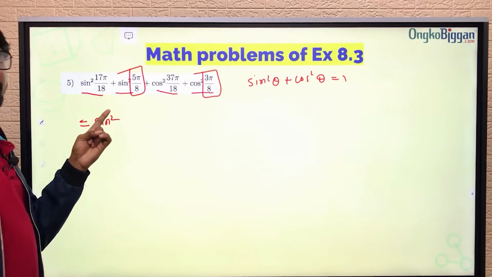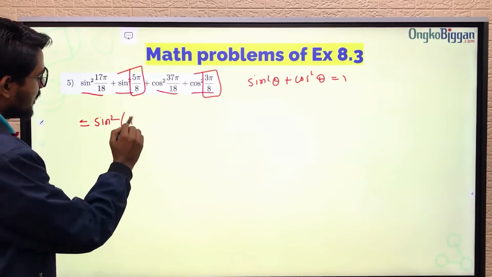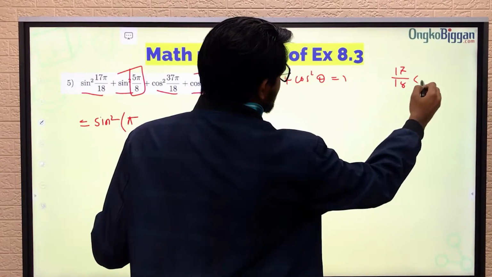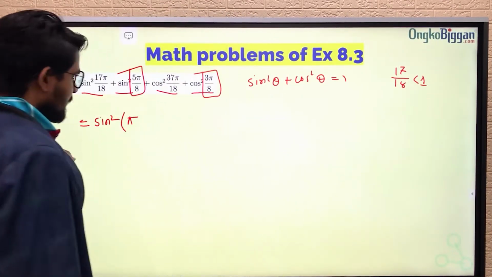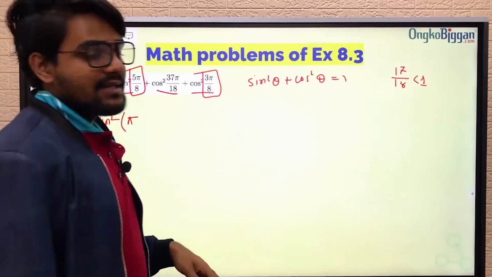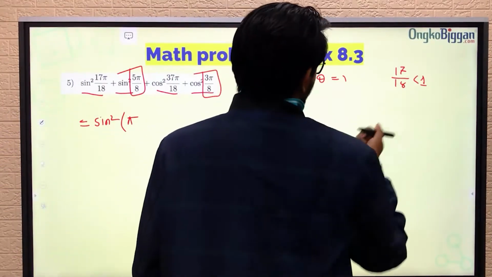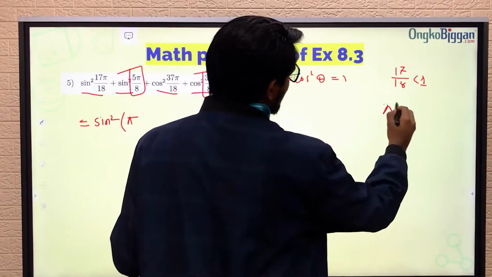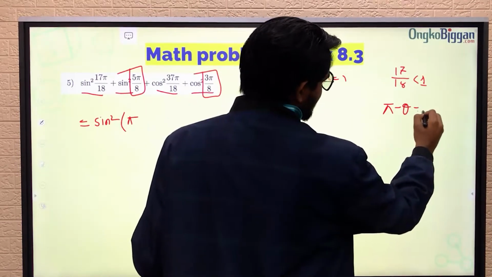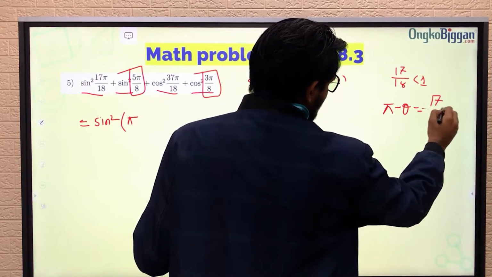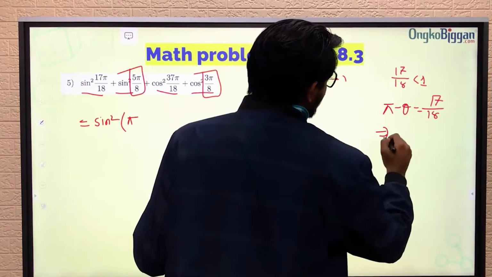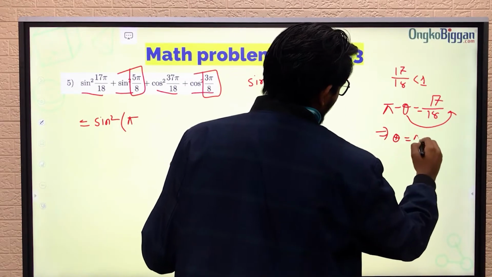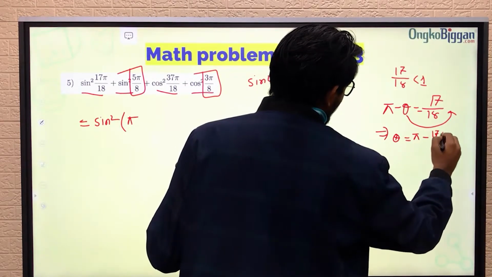I'm going to simplify this value. 17π/18 is smaller than π, so I can convert it in the π minus θ format. For that, I write π minus θ equals 17π/18, and then I move the θ this way, that is θ equals π minus 17π/18.